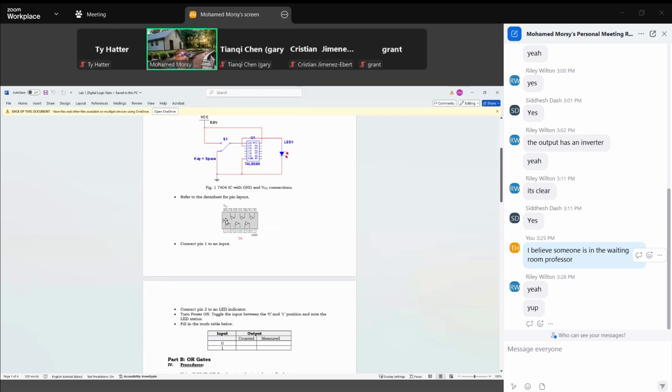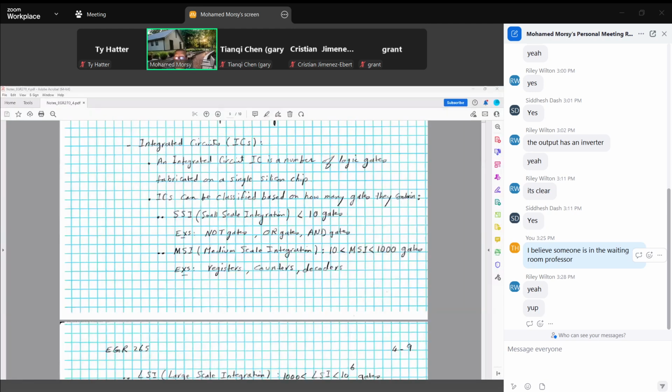So this is the IC, simply this is the IC. So what is the IC? It is a number of gates inside the chip. Okay? So an integrated circuit is a number of logic gates fabricated on a single silicon chip.